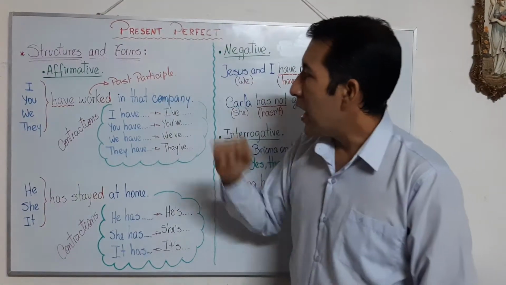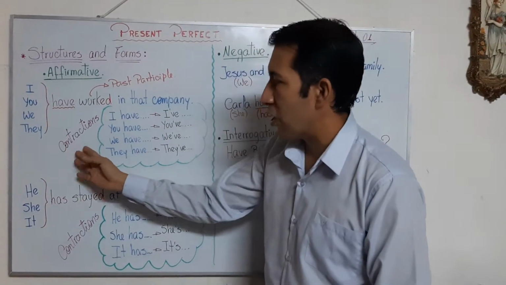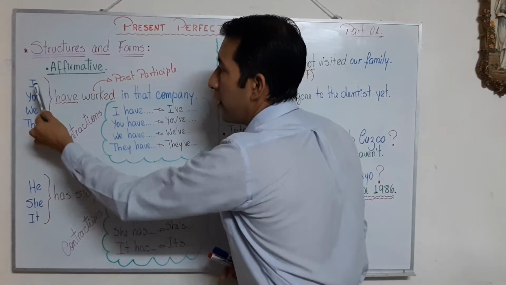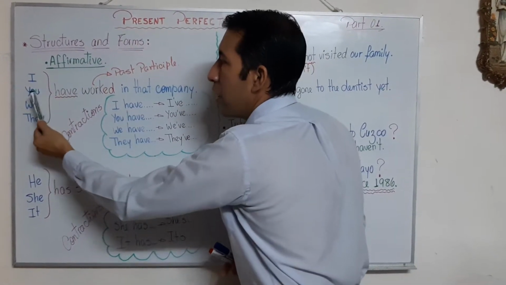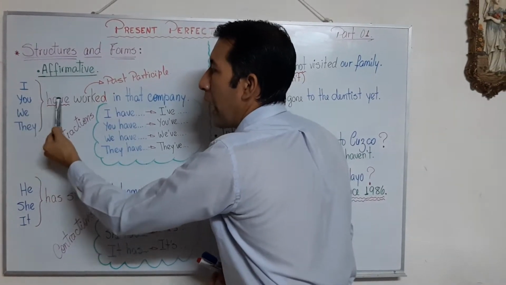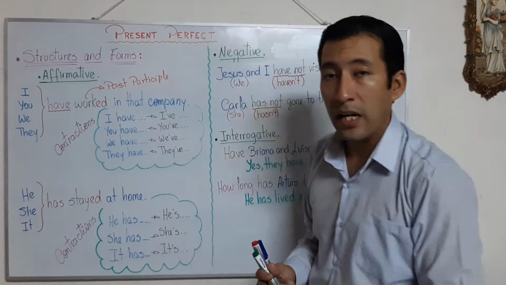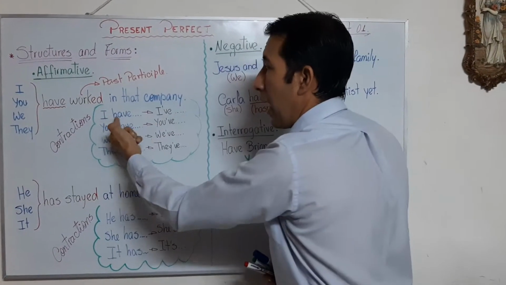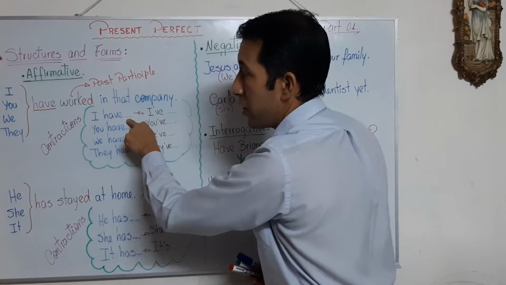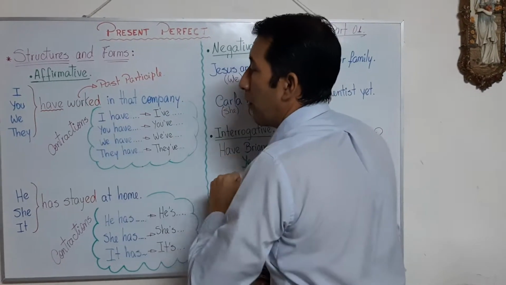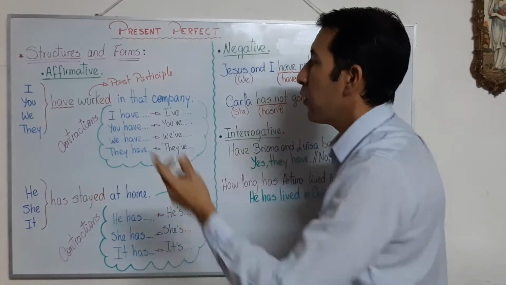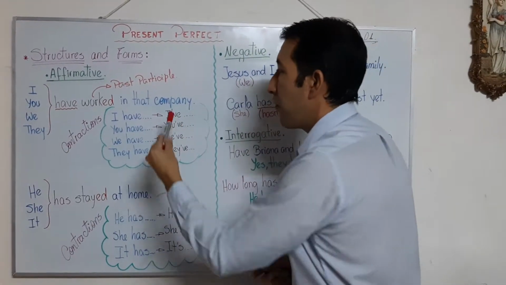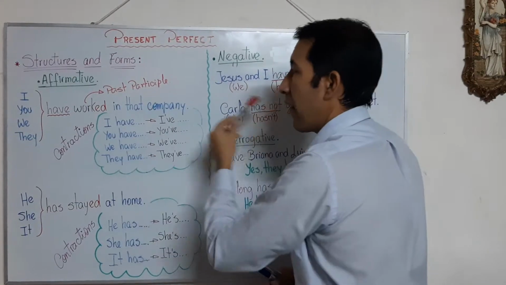Now, let's talk about the contractions. Let's join these two words: I have, you have, we have, they have. So when I say I have, the expression is I've worked in that company.